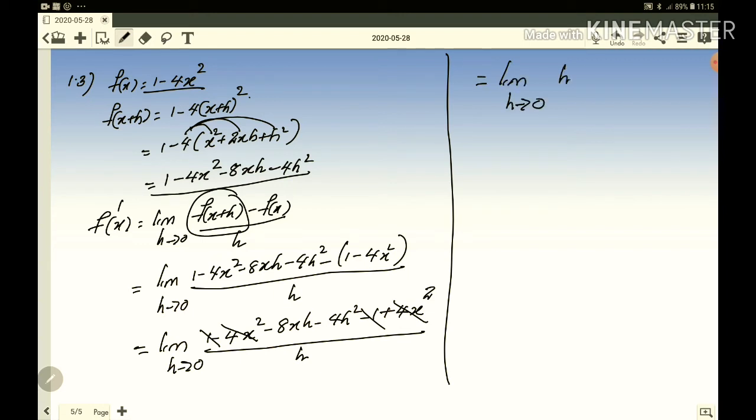I'm taking h outside. So what will be there? Minus 8x minus 4h will be there inside the bracket, then divided by h. H cancels. Now we can apply limit. Whatever is left there, we will not get any undefined condition. That is minus 8x minus 4 times 0. So the answer is minus 8x.